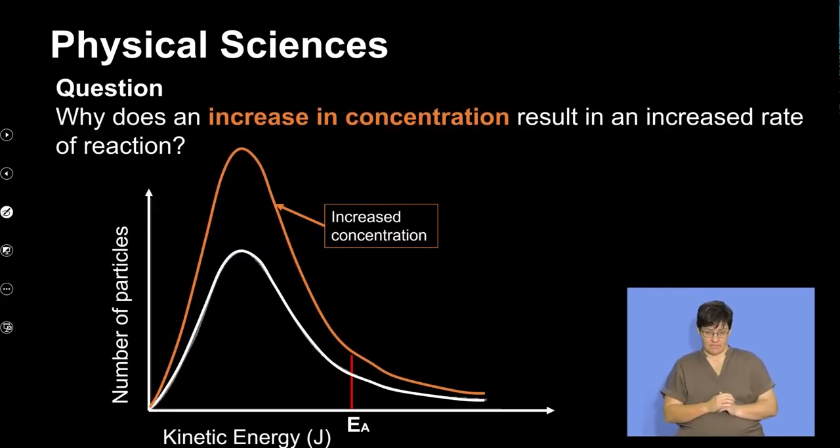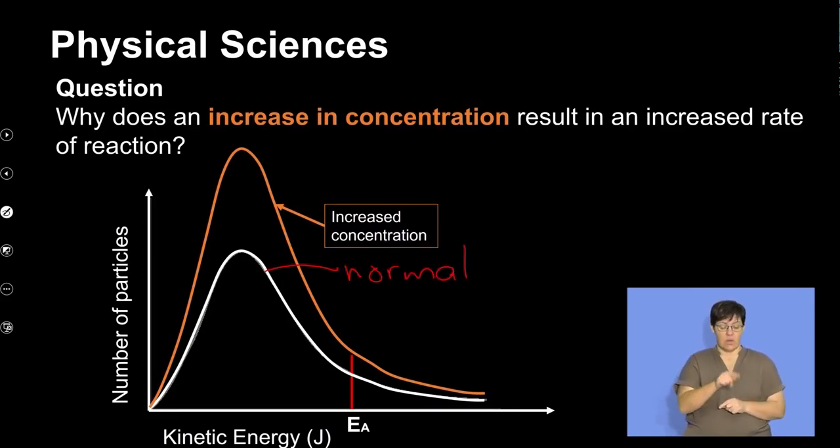If we go back to the Maxwell-Boltzmann, I want to remind you again that this is our normal statistical curve, where we will have a peak where we have our average kinetic energy for most of our particles.